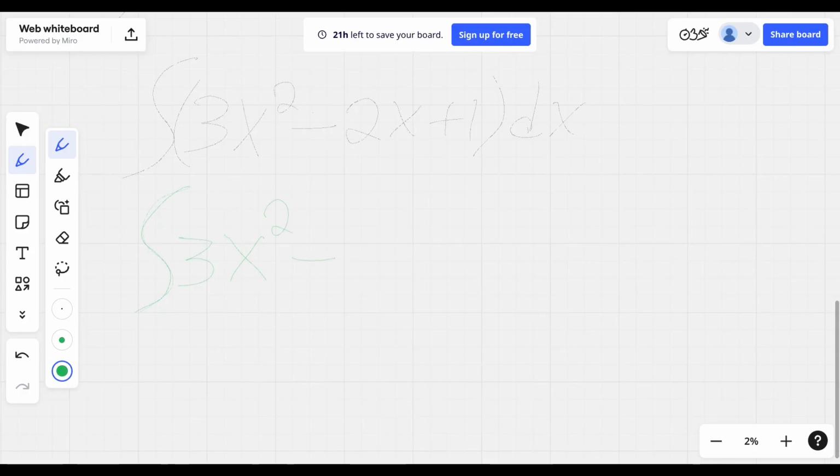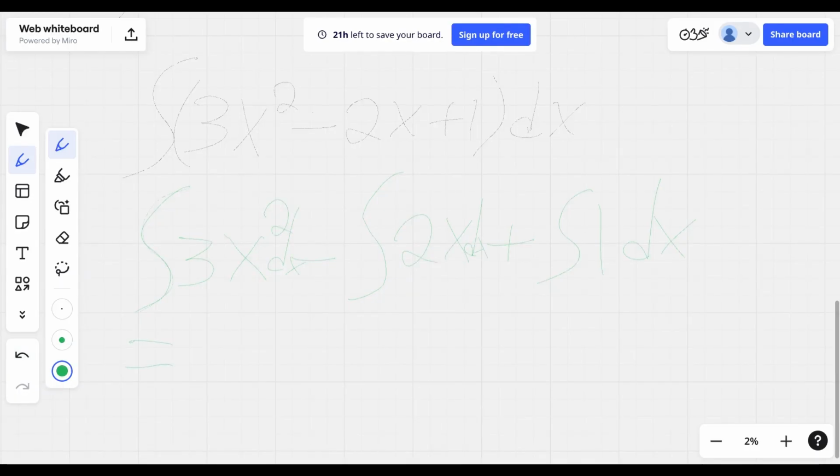So we do an integral of 3x squared plus the integral of, we could actually take out the negative sign and make it negative integral of 2x plus the integral of 1. And don't forget our dx. Now we're going to take the integrals of each of these and evaluate them.